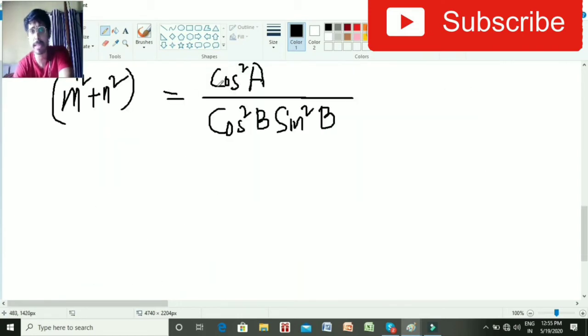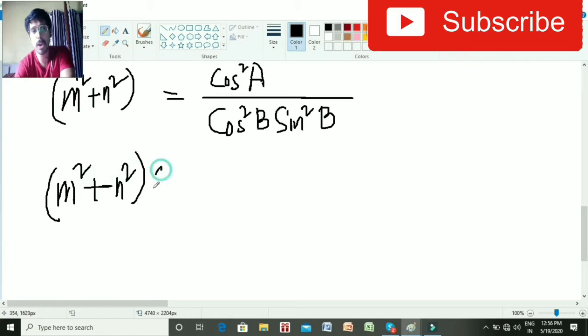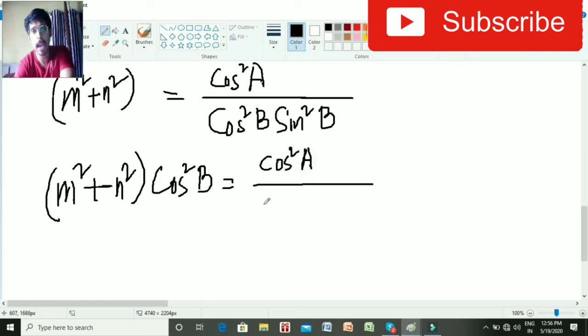So if m square plus n square is this one, m square plus n square whole into cos square B, the value here will be cos square A over cos square B into sin square B. That is the value for m square plus n square.